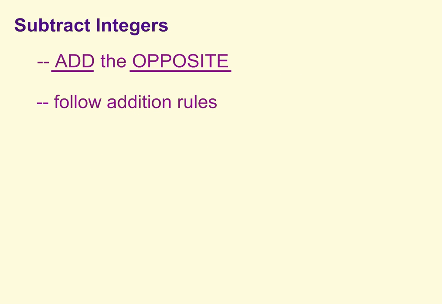If you are subtracting integers, if there's a minus sign in between, you can add the opposite. So for example, if I have 6 minus 9, add the opposite just means take your subtraction, make it addition, and then give the following number an opposite sign. So 6 plus a negative 9 would look like that.